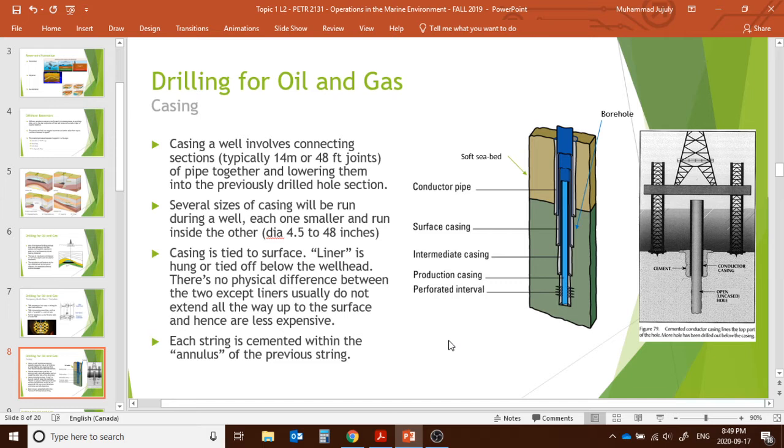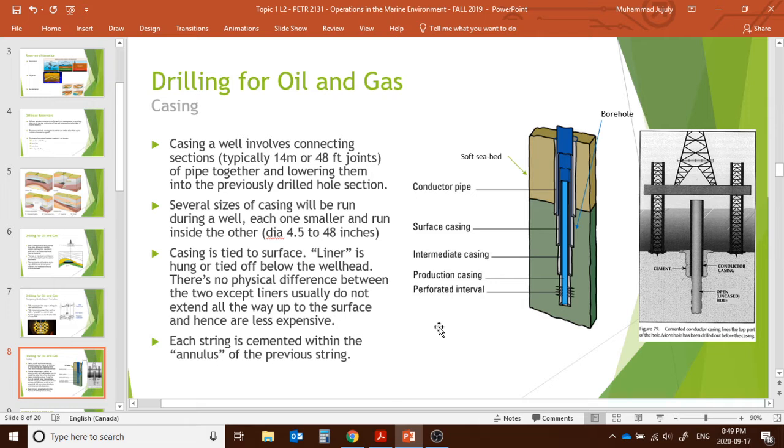Several sizes of casings will be run during a well. Each one is smaller and run inside the previous one, with diameters from 4.5 inches to 48 inches. So the casing is tied to the surface.